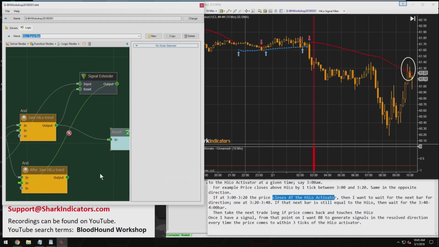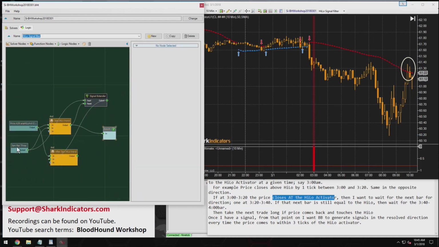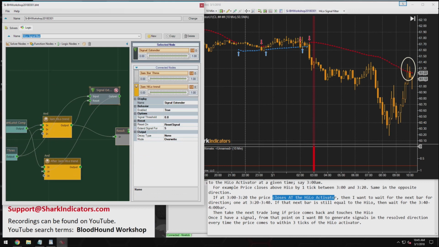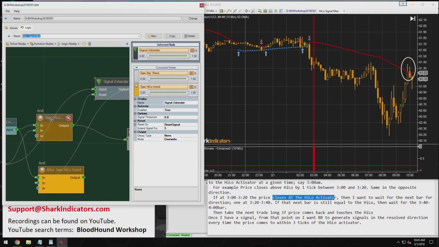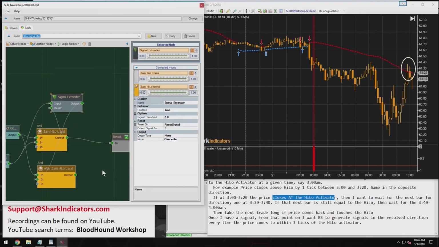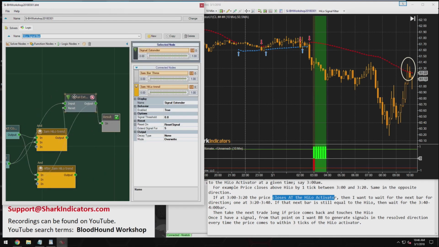Let's zoom in a little bit. We have our 3 a.m. bar going into the input of the signal extender, and any signals coming out of this AND node are going into the reset. Let's connect that up.